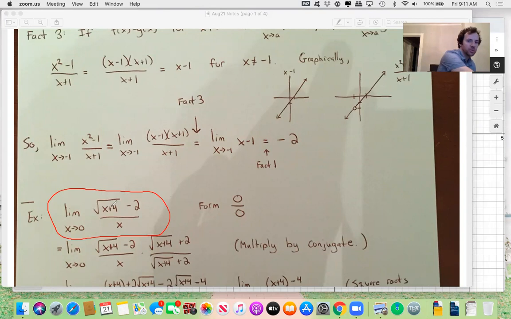It has the square root, but it's still the kind of function where if we put in this point and get a number, that point is the limit. But what happens here is if you put in 0, well, the bottom is definitely 0. If you put 0 in the top, you get the square root of 4, that's 2. 2 minus 2 is 0. So this is another instance where our limit has this indeterminate form of 0 over 0.